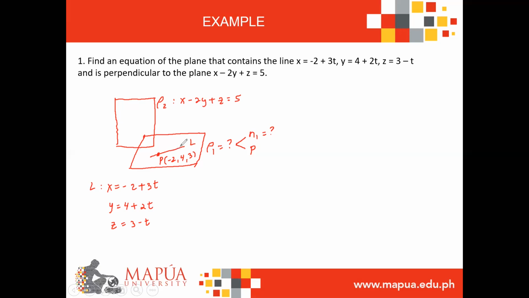Then we also have a vector on your line L, and this will have coordinates 3, 2, negative 1. So that is for the coefficients of your parameter t. So we have it as 3, 2, negative 1.